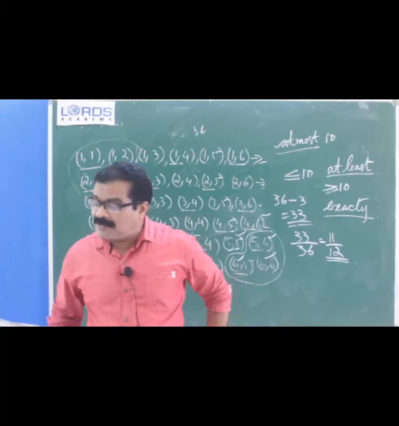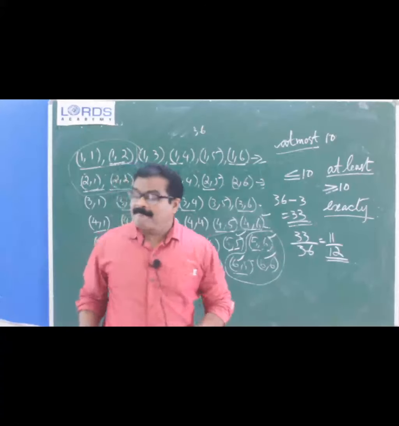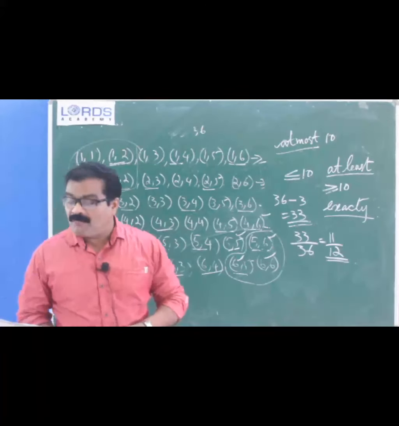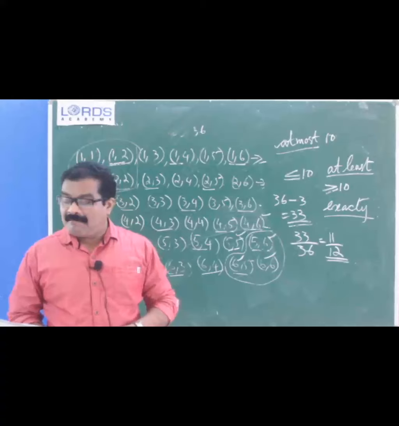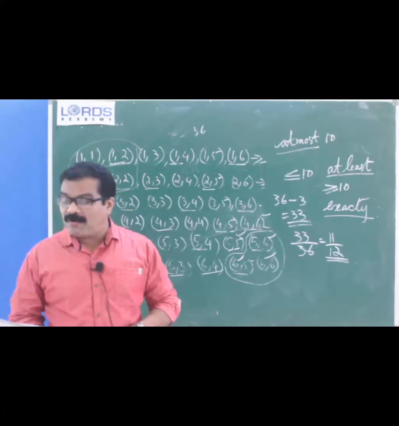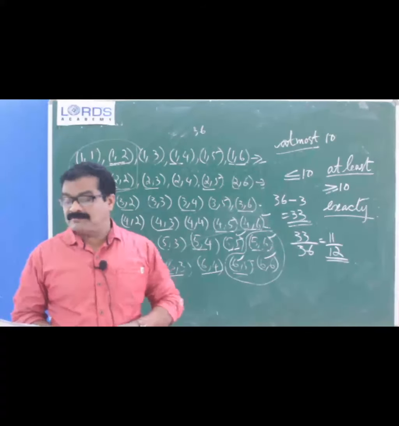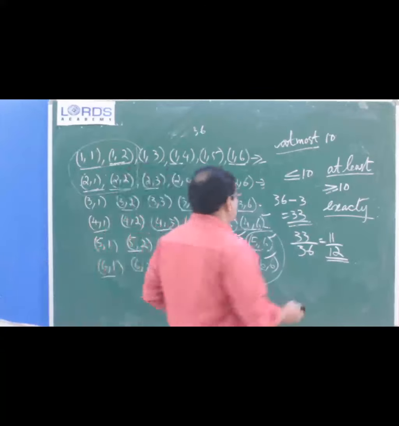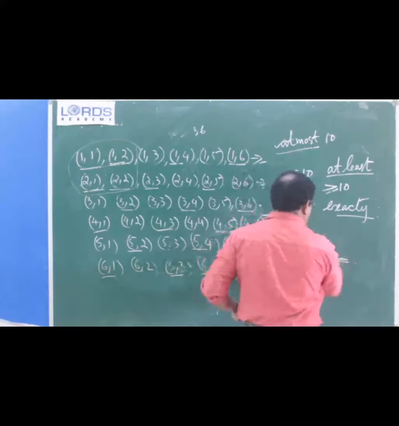Question subdivision 5. An odd number on one dice and a number less than or equal to 4 on the other dice. That also we have to write there.